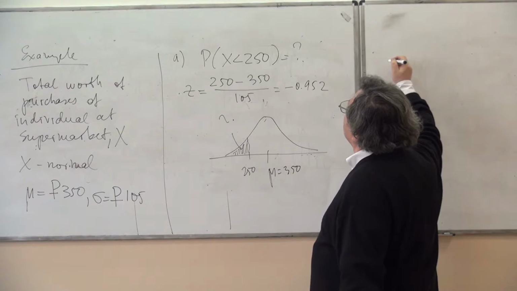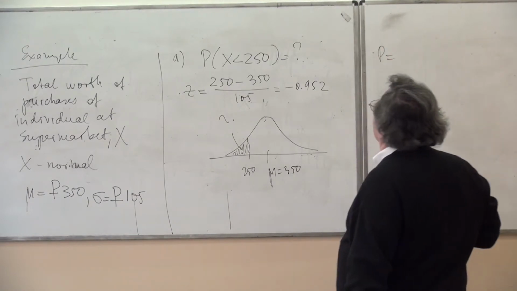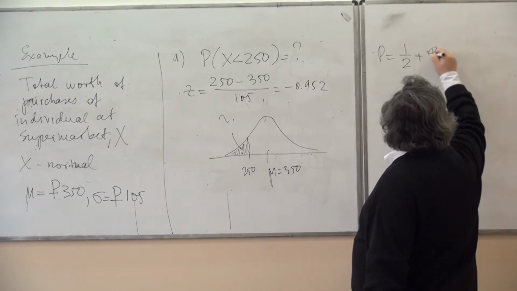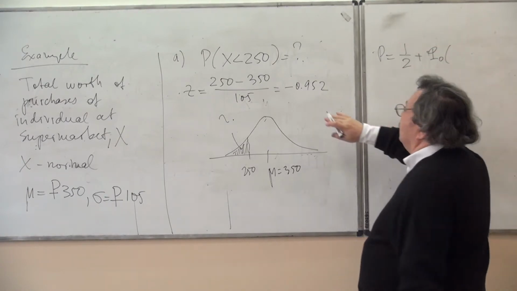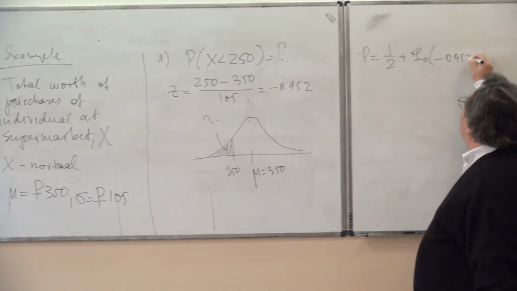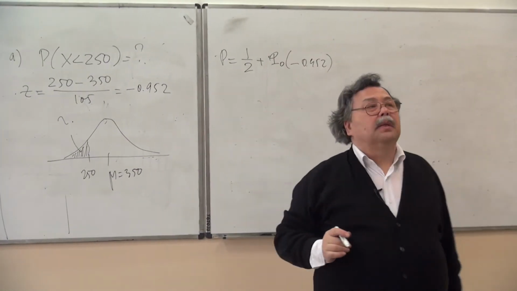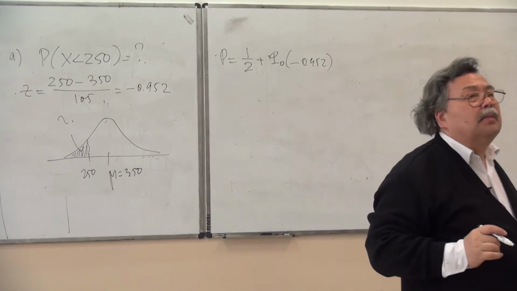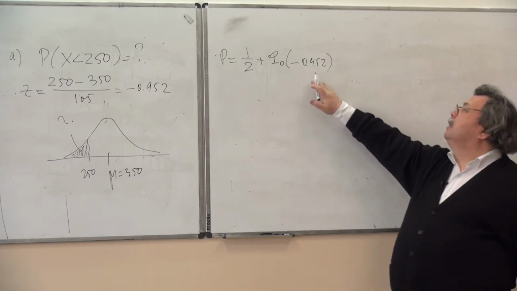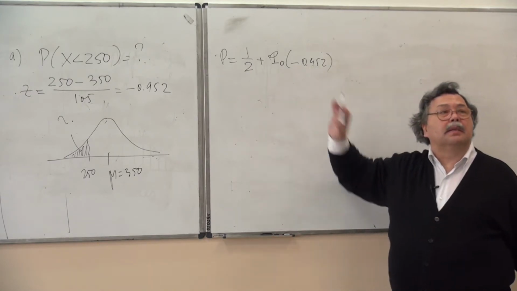And how do we find the answer? This probability equals 1/2 plus Phi 0, and we substitute this value for z. But we are not quite ready to use the table, because the typical table doesn't contain any negative entries for z.